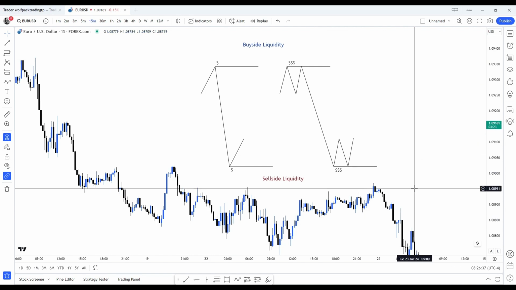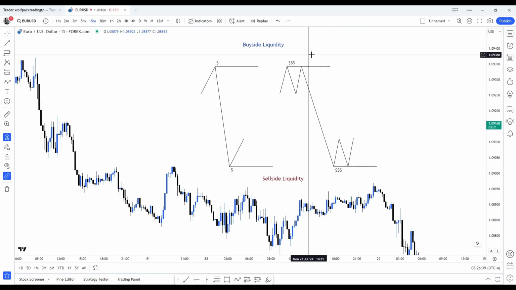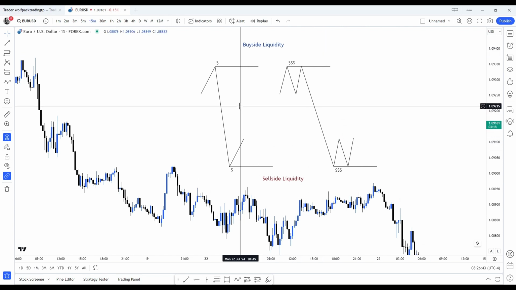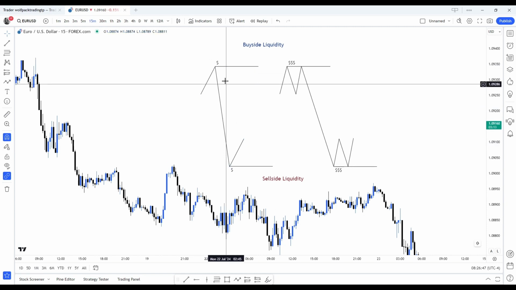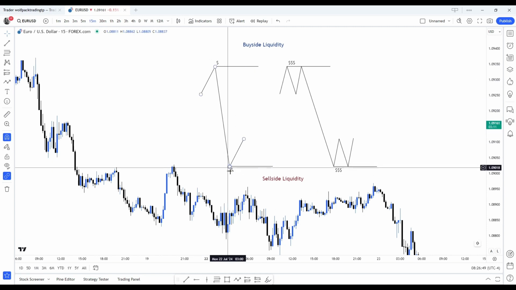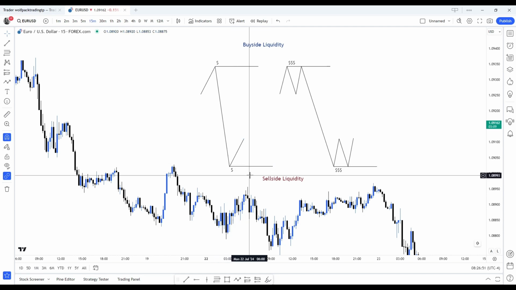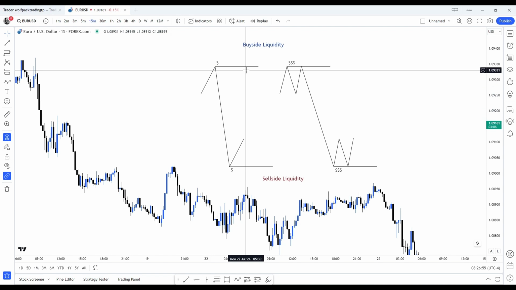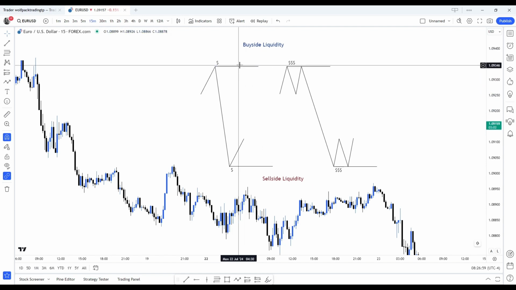The reason we have to view these areas as liquidity is because smart money needs liquidity to offset their positions with. If they're in a sell position, they need to offset their selling positions with sell side liquidity, and if they're in a buy position, they need to offset their buy position, basically taking profits, with buy side liquidity.